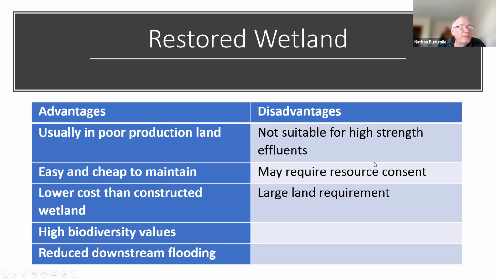But definitely, if you're looking at restoring a wetland, talk to somebody who knows something, such as the regional council land management officers. Usually when restoring a wetland, there's a large land requirement, but again, it's usually poor production land. So there's a trade-off there.